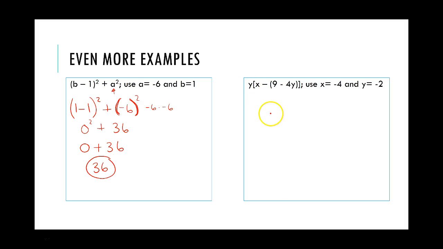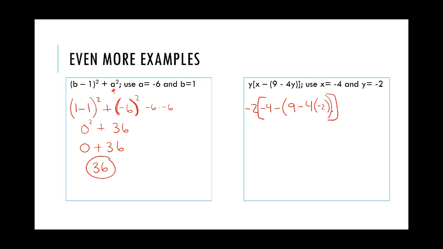So this one we have y, which is -2, bracket, x, which is -4, minus, parentheses, 9 minus 4 times y, which is -2, bracket.